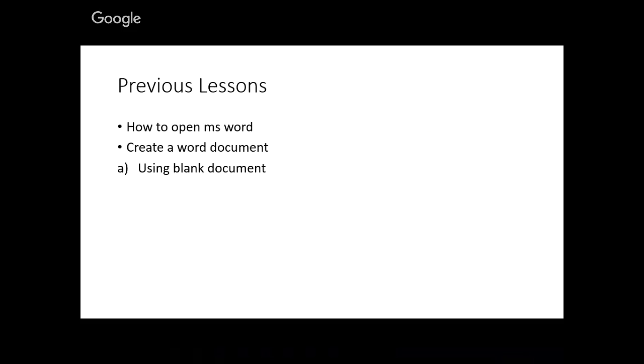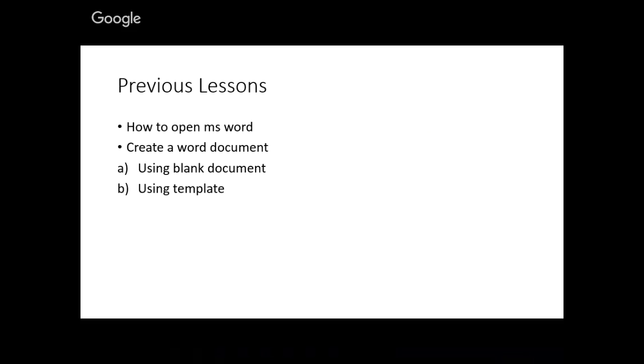But first of all, let's look at the previous lessons. In the previous lessons, we looked at how we can open Microsoft Word and also how we can create a Microsoft document. You can create a new document from a blank document.